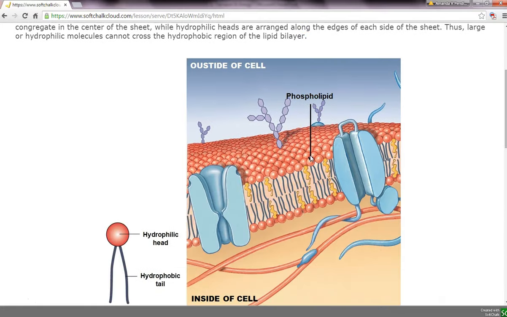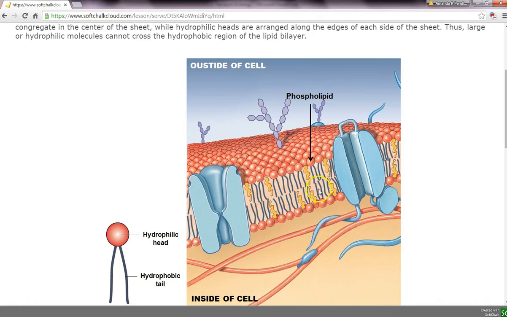And let's just remind ourselves of the components here. We've got a phospholipid. Remember, it's hydrophilic on this side, so that is going to be the part that sits next to the water outside the cell. This part here is also hydrophilic, so that sits next to the watery liquid inside the cell.